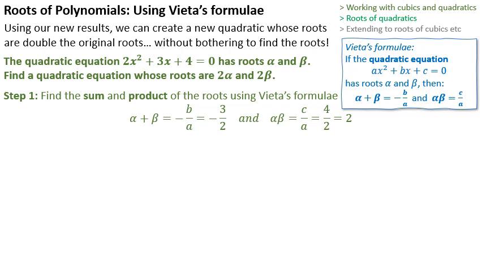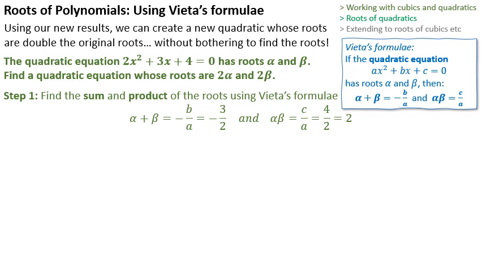We also know from the formula that if you multiply the 2 roots, you should get c/a, which is 4/2, which is 2. So even though the roots might be horrible, complicated, complex numbers, if you add them together, you get a nice straightforward answer, minus 3/2. And if you multiply them together, you get a nice answer, 2.